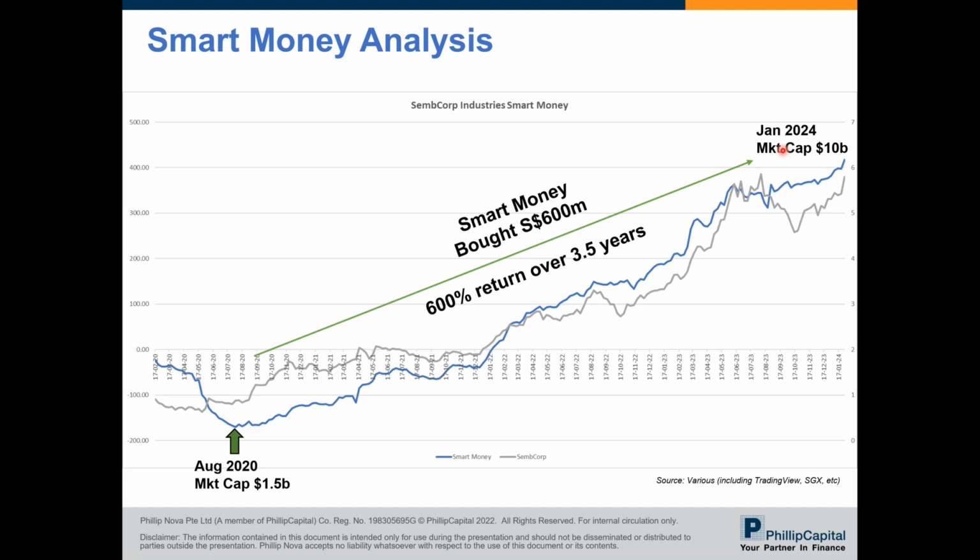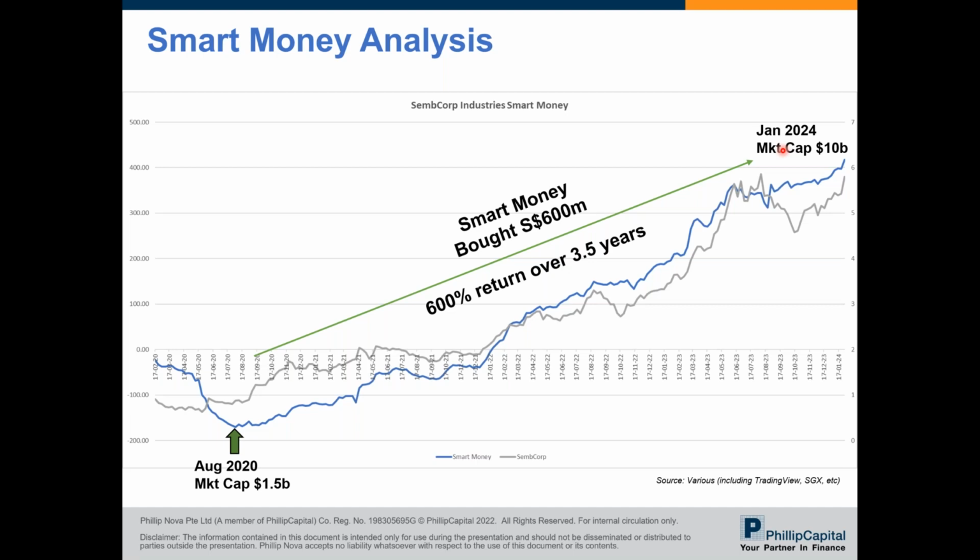So how did Sembcorp move up so much? And what is this blue line here that I've drawn? This blue line is the smart money, the people whose profession is investing, and they are buying Sembcorp.